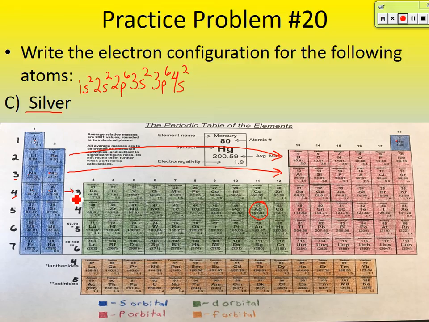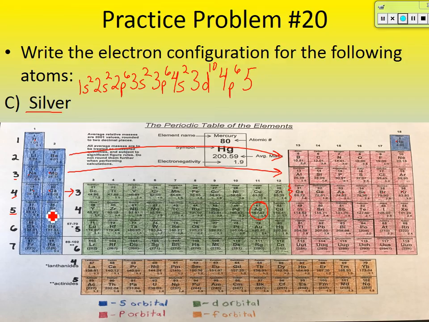Now be careful dropping down to the third energy level, d orbital, and there's 10 across in the d block, so 10 goes there. Now be careful here. We go back up to the fourth energy level, 4p. We're in the p orbital now, and there's 1, 2, 3, 4, 5, 6 electrons. Okay, now we're done with the fourth row. Let's go to the fifth energy level.